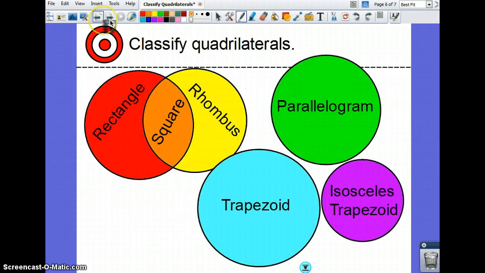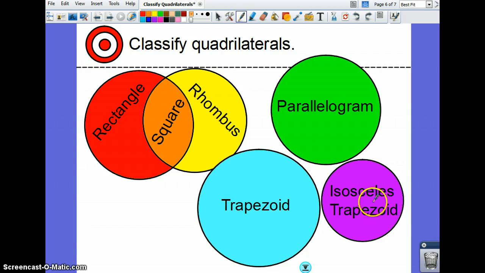Let's expand now and add in the parallelogram, the trapezoid, and the isosceles trapezoid. Let's try and fit all of these together. Is a trapezoid a parallelogram? Well, the definition of a trapezoid was exactly one pair of parallel sides. The definition of a parallelogram was exactly two pairs of parallel sides. So a trapezoid is not going to be a parallelogram, and vice versa. I can't have a parallelogram that's a trapezoid. So between these two circles, we know there's no overlap at all. There's nothing shared between the two of them.